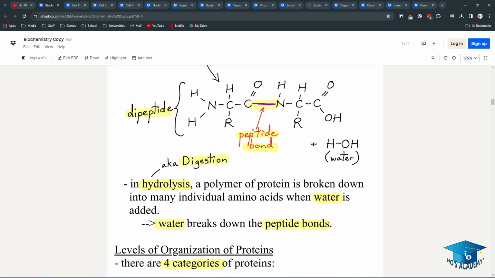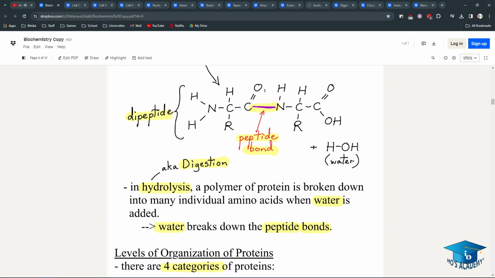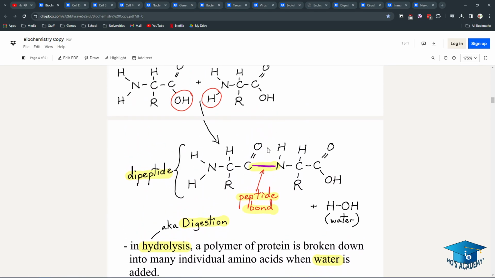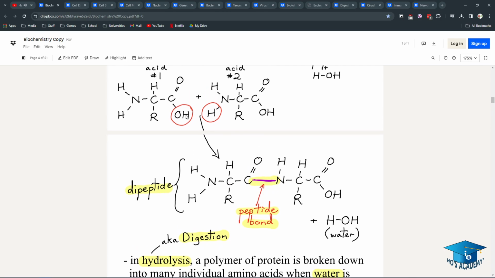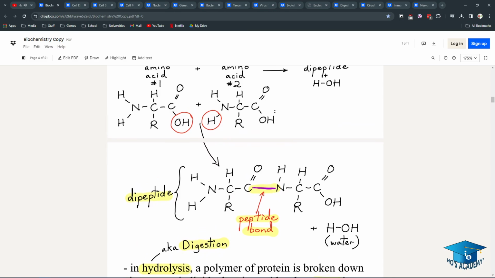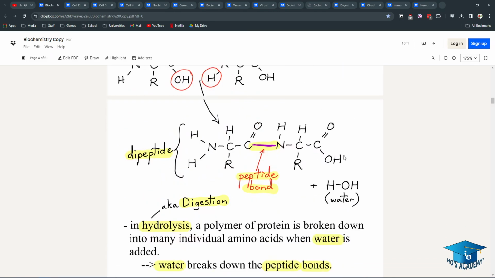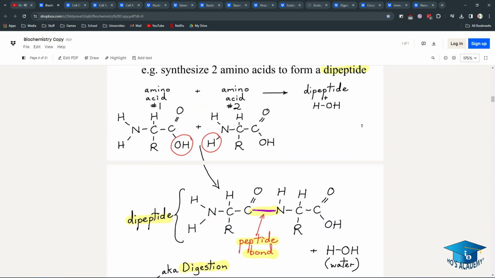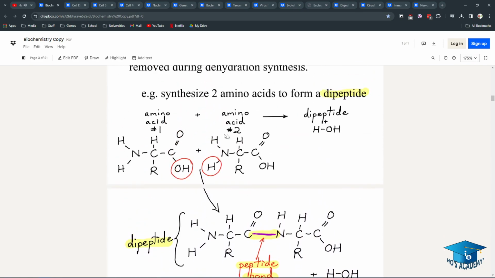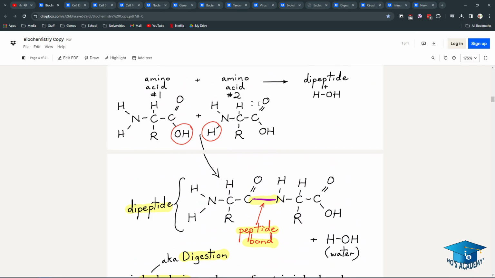In hydrolysis, you would add the water back in, and to show the peptide bond breaking, you would point the water towards the peptide bond like this, and then draw this step backwards and get the hydroxide and hydrogen back. You better have water as a reactant. In the other case, you will want to have water as a product when you're synthesizing them.